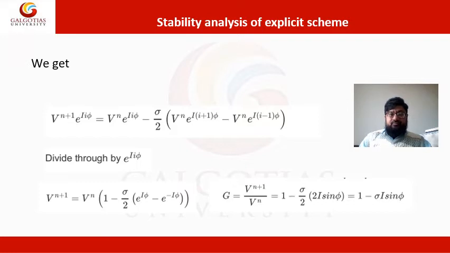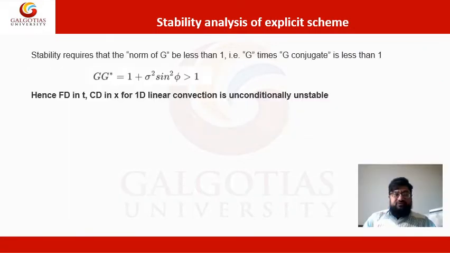Just by manipulating it, we can see that its magnitude will always be greater than 1. So the error will always grow irrespective of the time step and mesh size. Hence, the forward difference in time and central difference in space strategy for the one-dimensional linear convection equation is unconditionally unstable.